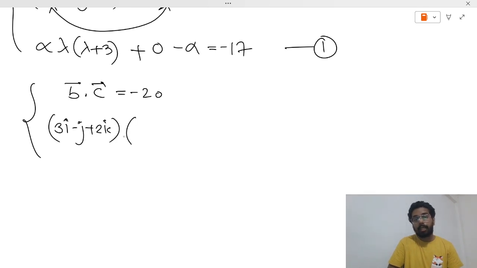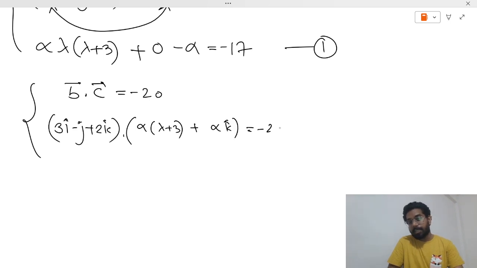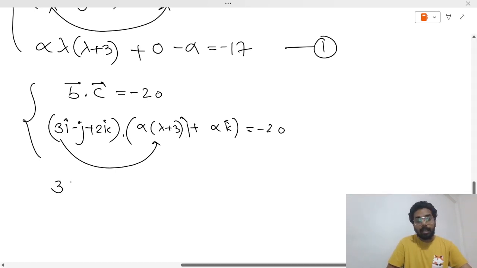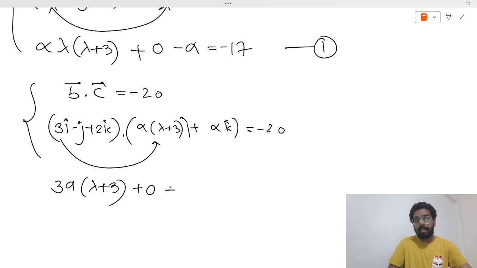Now we take the dot product with alpha times (lambda plus 3) i and alpha times k cap, equal to minus 20. Taking the dot product of the same direction, i with i, j with j, k with k: 3 into alpha times (lambda plus 3), and minus 1j into 0j is 0, and 2 into alpha is 2 alpha, which equals minus 20.